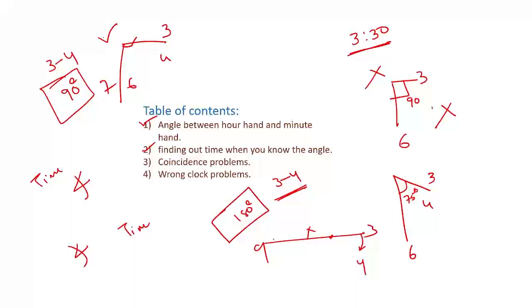Similarly, if you want to make a 180 degrees angle, the minute hand has to be in between 9 and 10. So the actual time is going to be like this. The actual angle is going to be like this and the time is going to be like this to form 180, but not the first case. So you are going to find out this particular time where you can form an angle of 180 degrees.